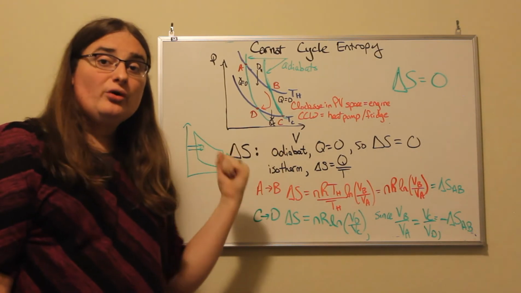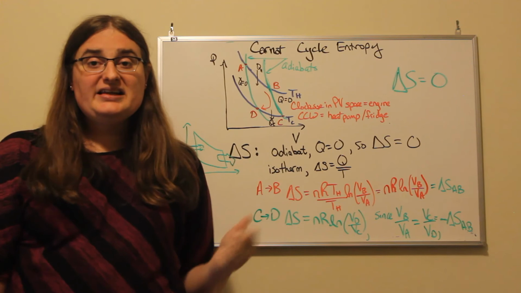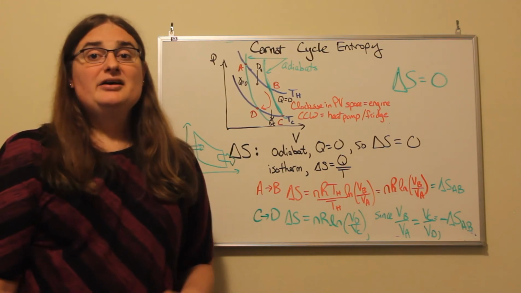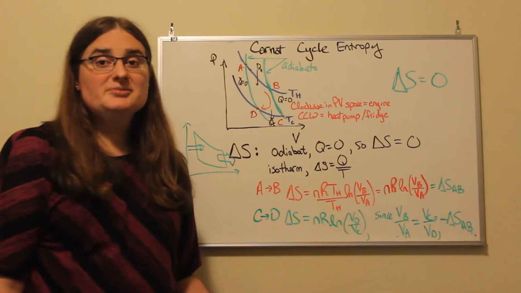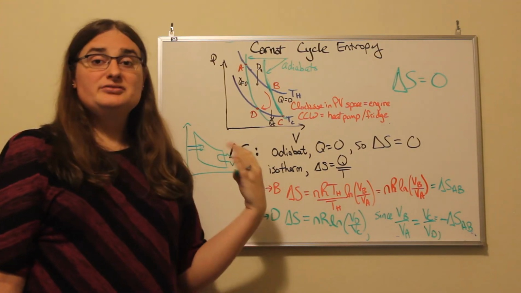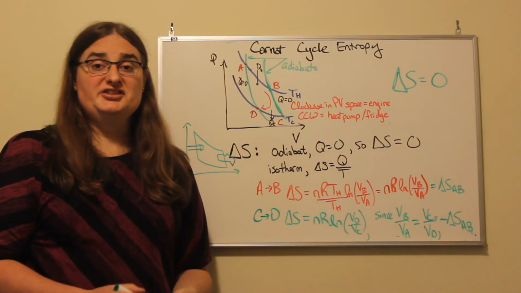And by storing that heat and then getting that exact same heat back, you limit the change in entropy of the system and you have a high theoretical efficiency engine.